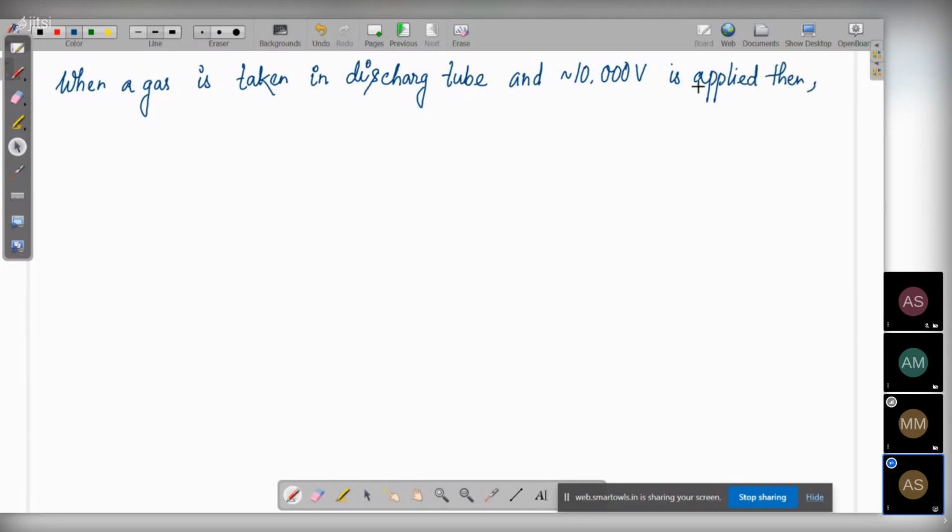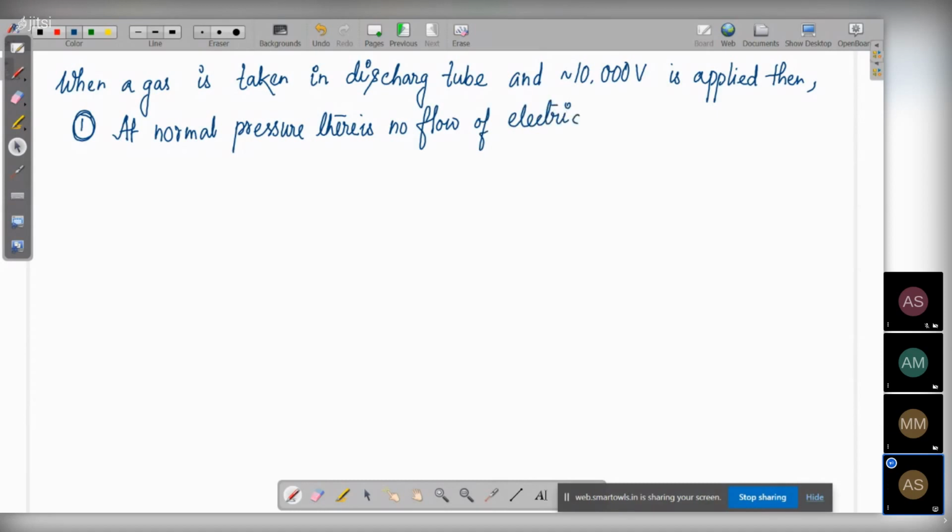Then we see that at normal pressure, there is no flow of electricity between electrodes.